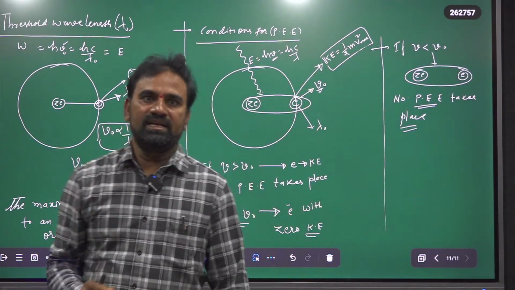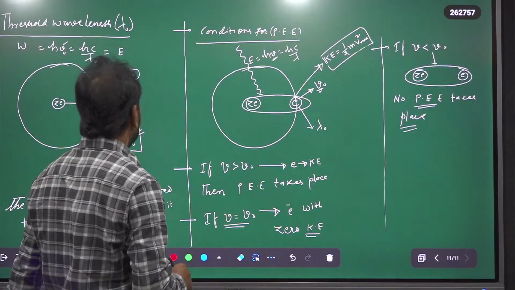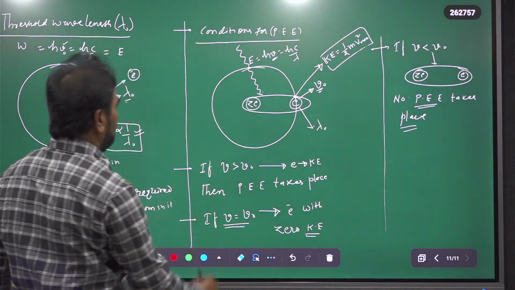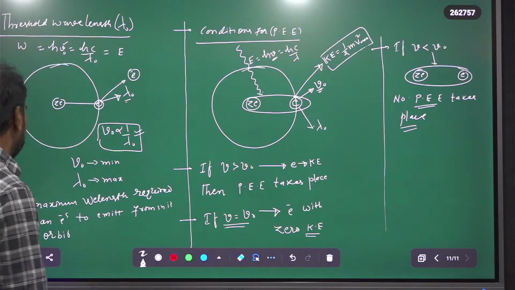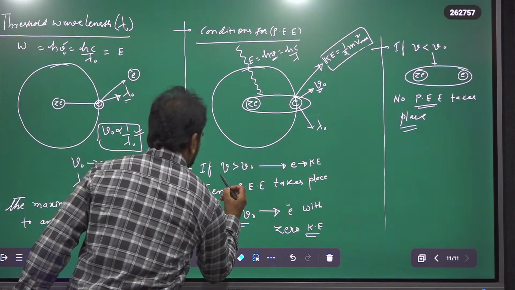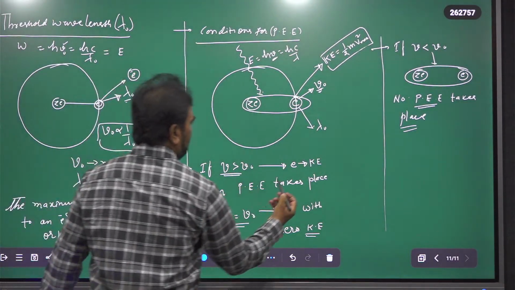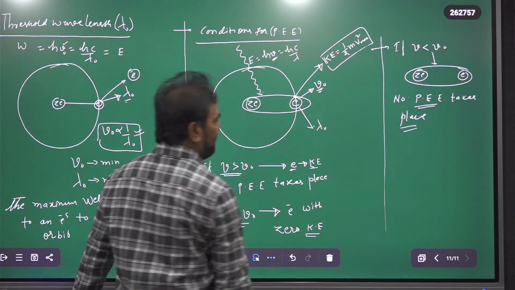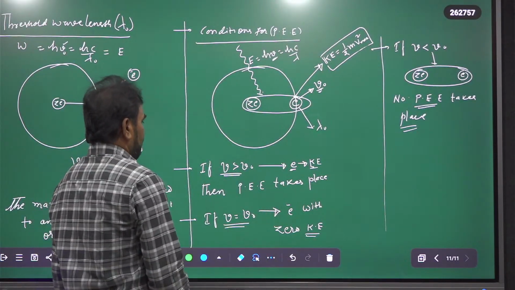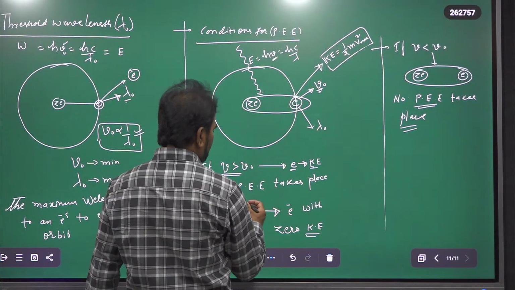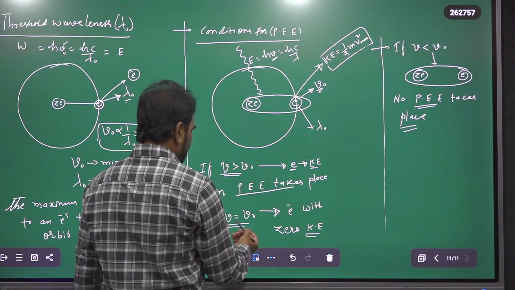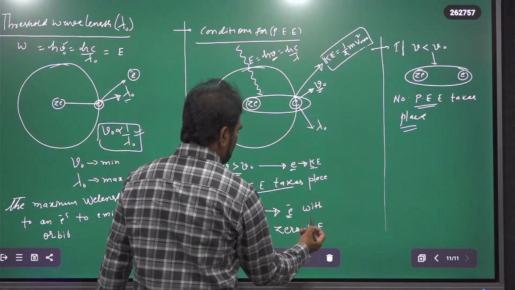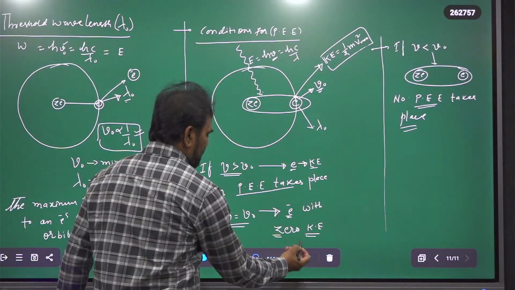So these are the conditions for the photoelectric effect phenomenon. First one is, if nu is greater than nu naught, then the electron ejects with some amount of kinetic energy, and the photoelectric effect takes place. If nu is equal to nu naught, electrons eject with 0 kinetic energy.